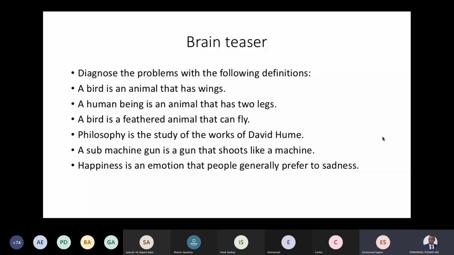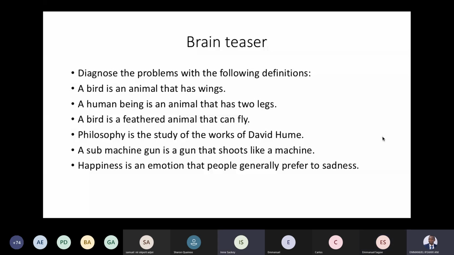Secondly, you can also see it as circularity because sadness is the opposite of happiness. When you say happiness is an emotion that people generally prefer to sadness, it is also a circularity because when you mention sadness, you have automatically somehow mentioned happiness, because everyone knows that sadness is the opposite of happiness.